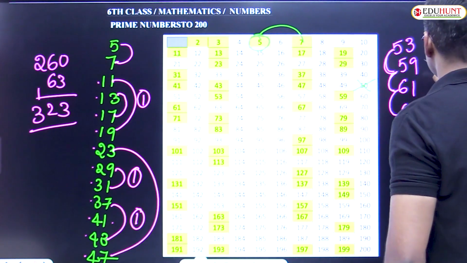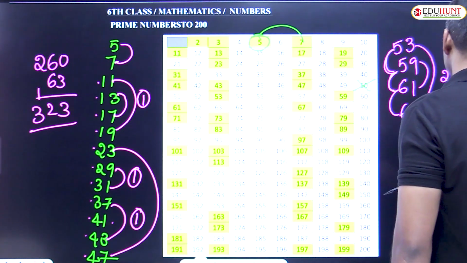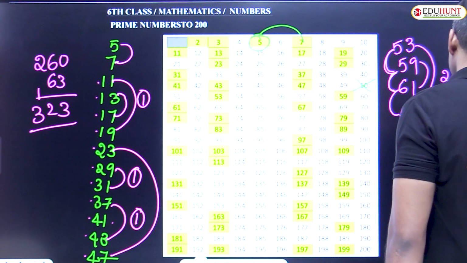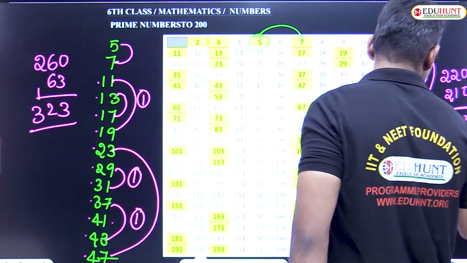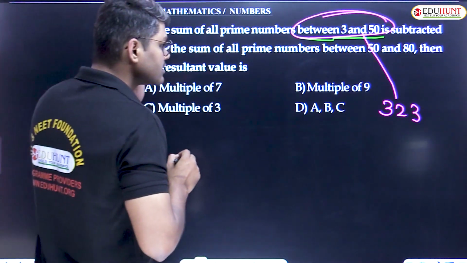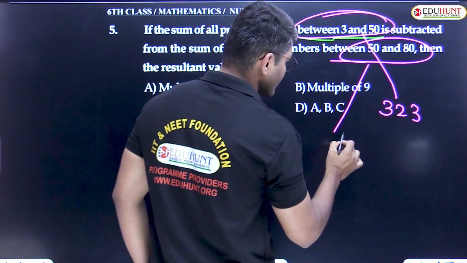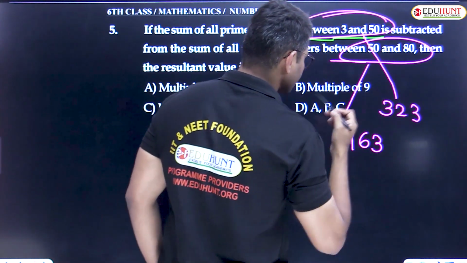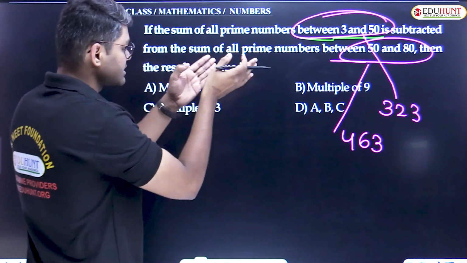This is 430. 440, 450, 460, 463. Okay. Now this sum is 463. If the sum of prime numbers is subtracted from this sum, okay.